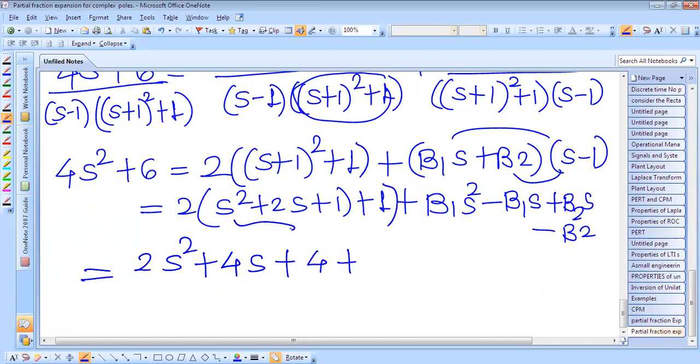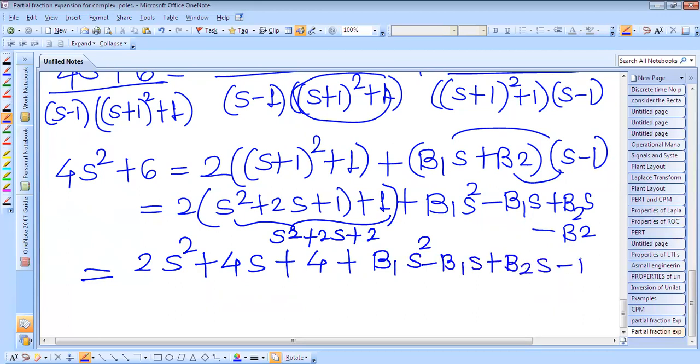Actually, this total inside the bracket is s square plus 2s plus 2. So if you multiply by 2, it will become 2s square plus 4s plus 4. This is b1 s square minus b1 s plus b2 s minus b2.